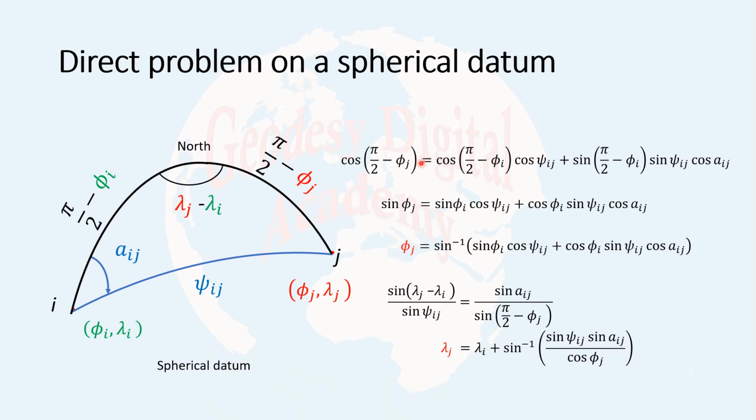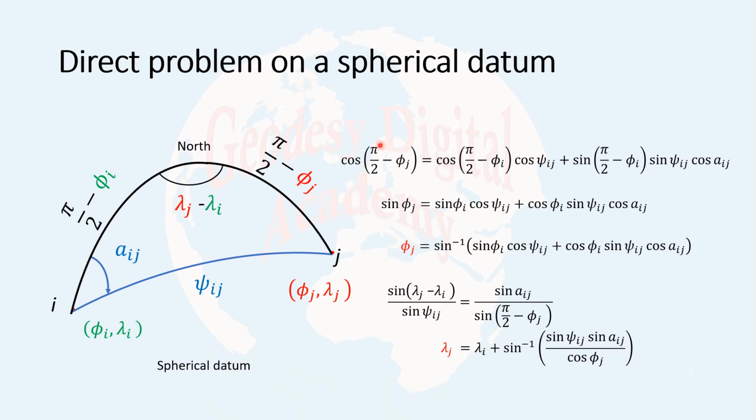And why I have written this cosine rule? Because phi is known, this arc is also known, and the angle between them is also known. And the unknown is in front of this angle. Then all the things that I need for computing this arc are available.